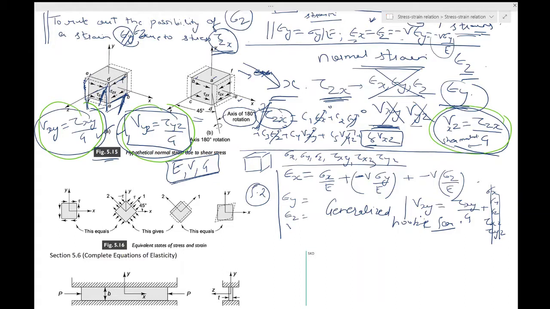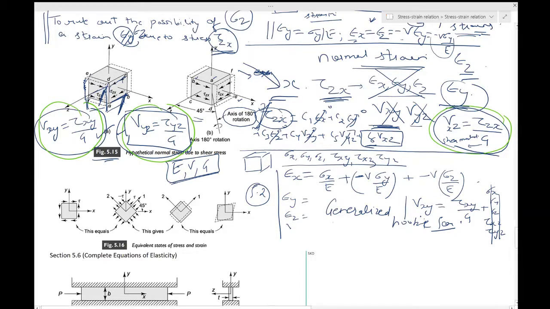Very big words, huh? So let's repeat this statement once more, and this is something which requires you to actually think more about it. I'll write the statement.